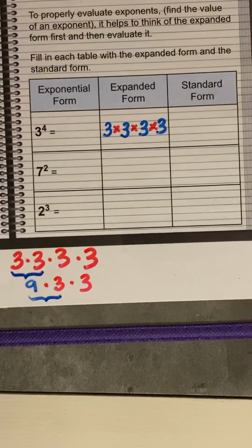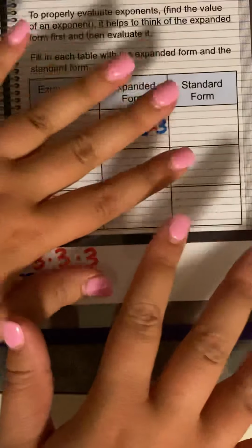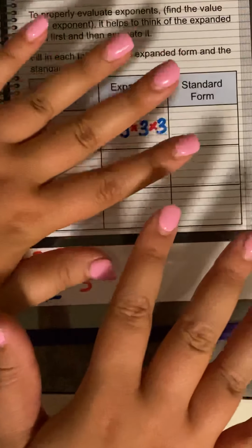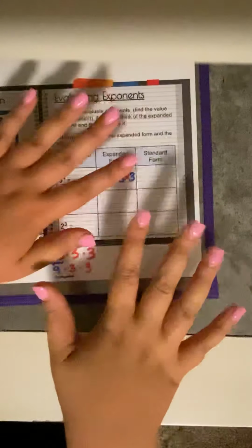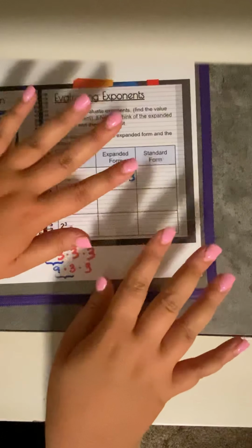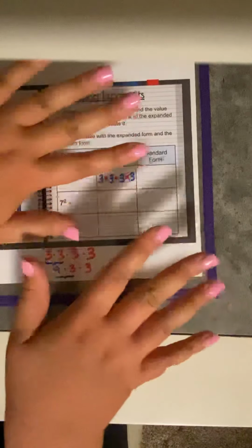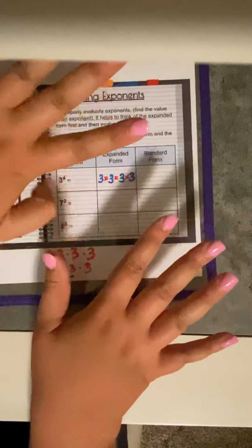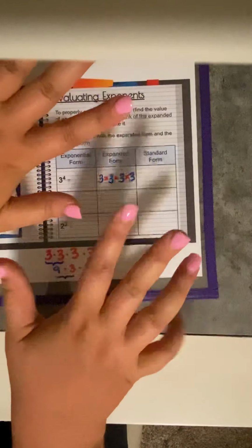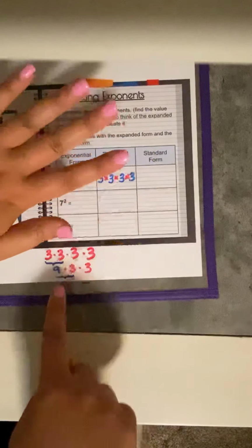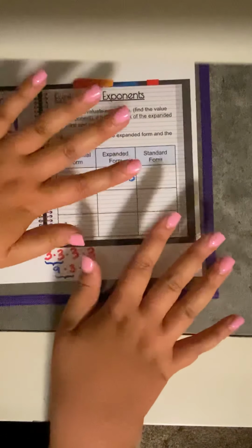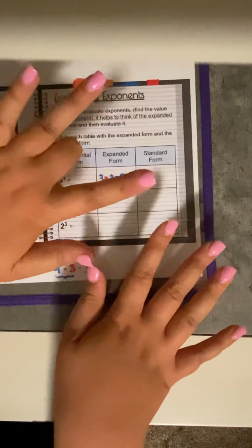If you use your fingers, a lot of times you have a finger trick. So you have our fingers here. Let me zoom out for you. Okay, so we have our fingers here. This only works for 9s. If you have 9 times something, you'll put that finger down. So we have finger 1, 2, 3, 4, 5, 6, 7, 8, 9, 10. Now, if I say 9 times 3, I put my 3rd finger down.